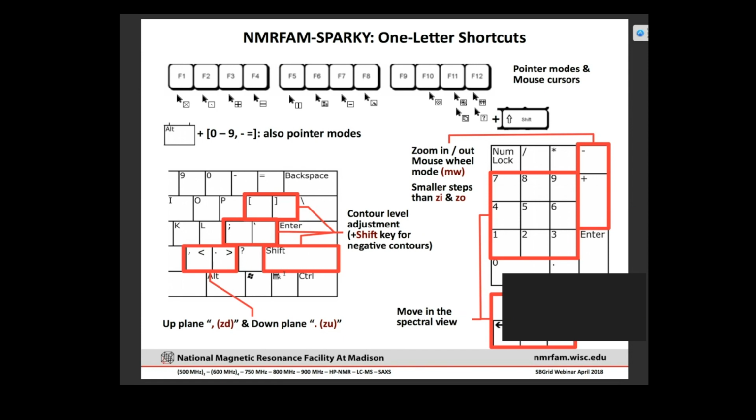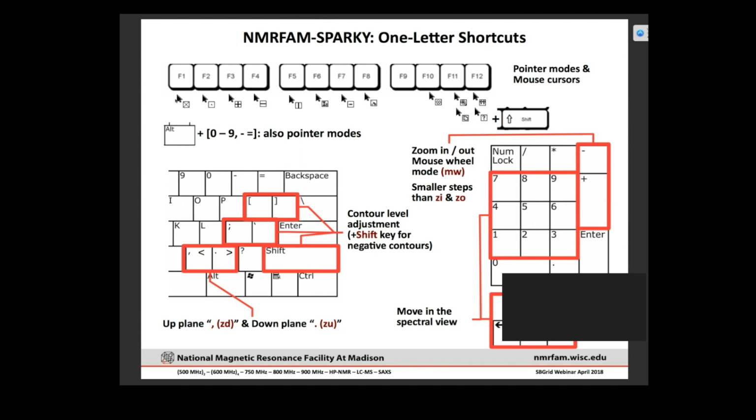For example, the function keys are meant to change the pointer mode and the mouse cursors. The mouse cursor will change depending on your pointer mode. Let's say if you are in the selection mode, you will see a cursor icon with a box and cross mark, which looks like the cross peak selected.